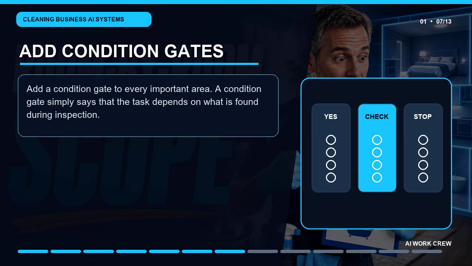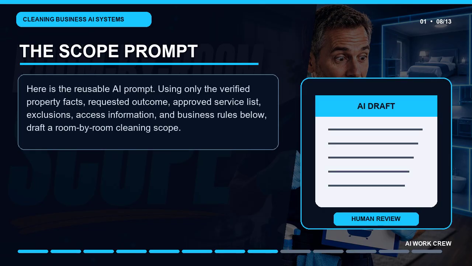Here is the reusable AI prompt. Using only the verified property facts, requested outcome, approved service list, exclusions, access information, and business rules below, draft a room-by-room cleaning scope. For each room, list included tasks, excluded tasks, customer responsibilities, and conditions requiring inspection or approval.